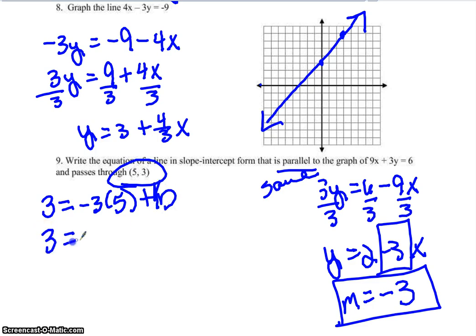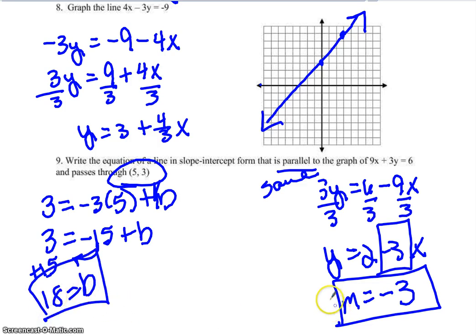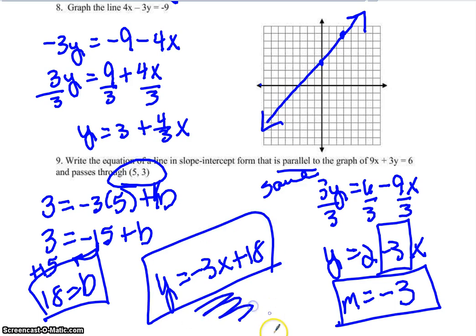So 3 is equal to negative 15 plus b. Bring your negative 15 over and add it, and 18 is equal to b. So using the b we found and the slope they gave us, y is equal to negative 3x plus 18 is the final answer. Probably the longest problem you'll have right there.